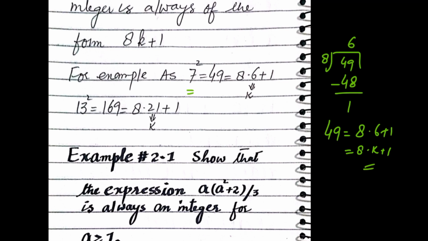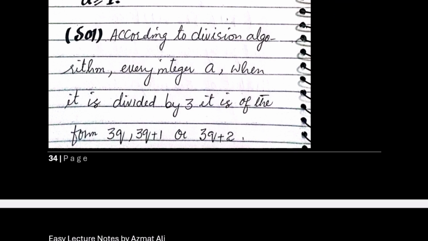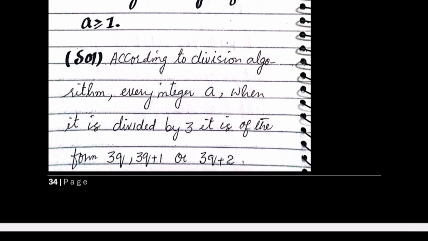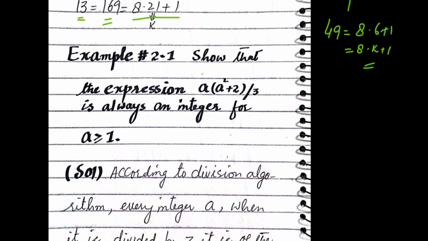Similarly, when you divide 13², which is 169, by 8, it can be written as 8 × 21 + 1. In the next example, which is also an important example: show that the expression a(a² + 2)/3 is always an integer for a greater than or equal to 1.